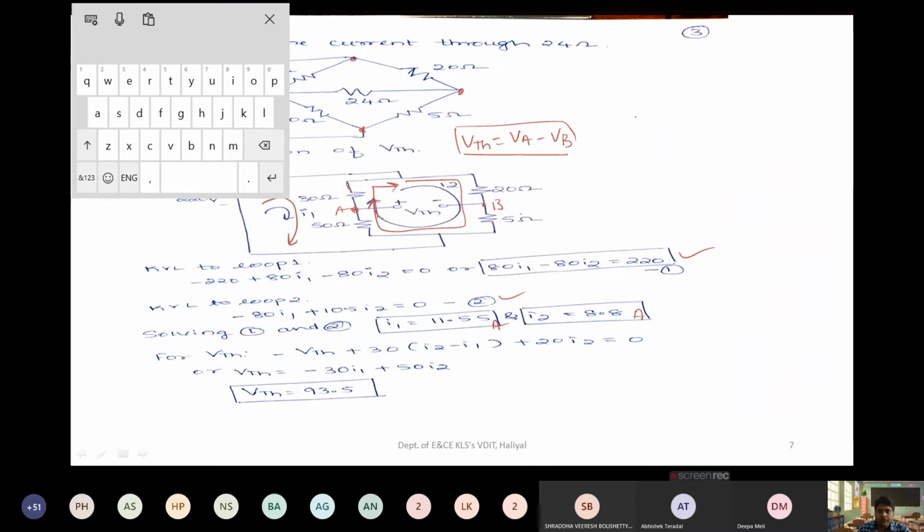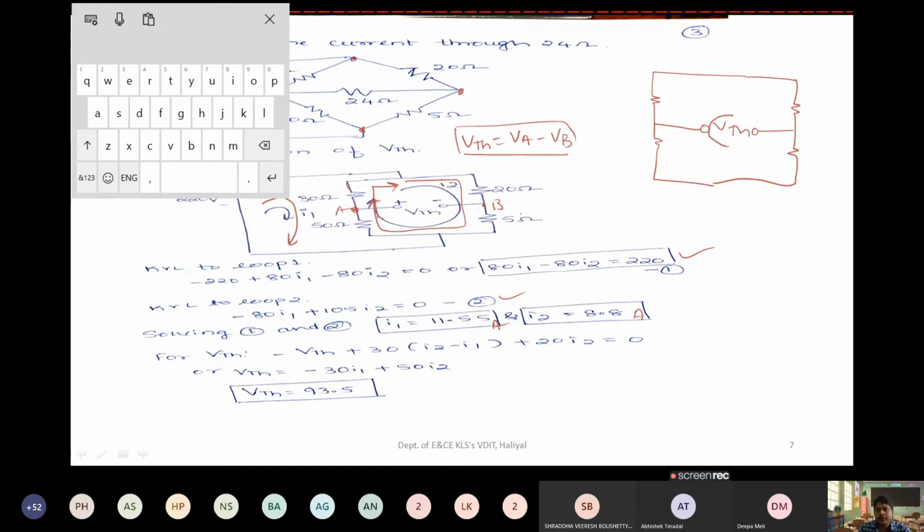Where does VTH lie? If you forget the other part of the network, we have VTH available here like this. So we have the VTH here, right?